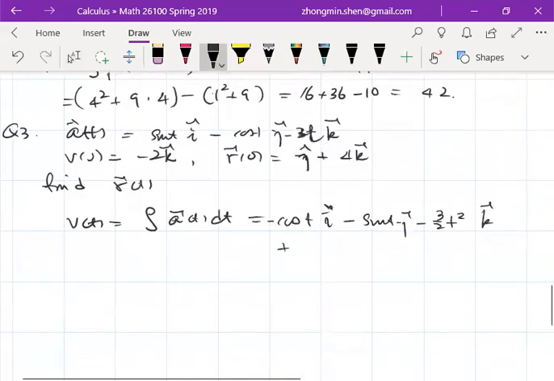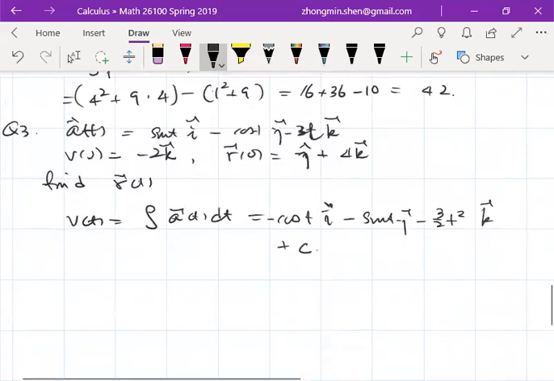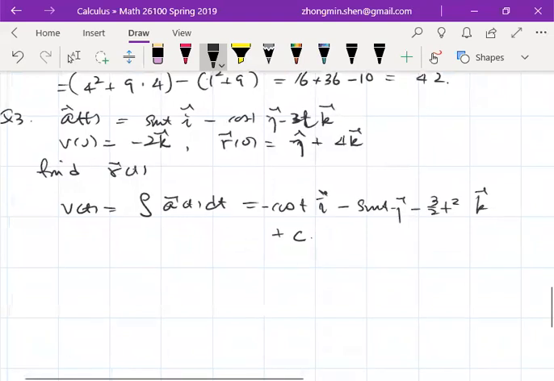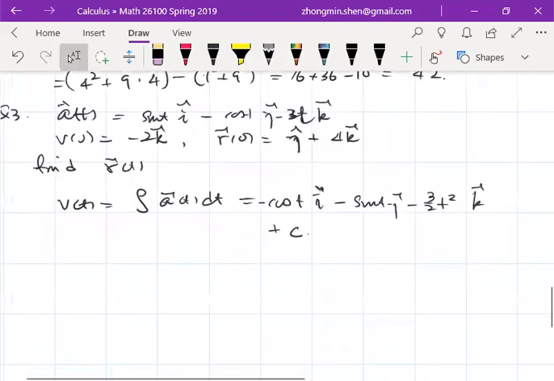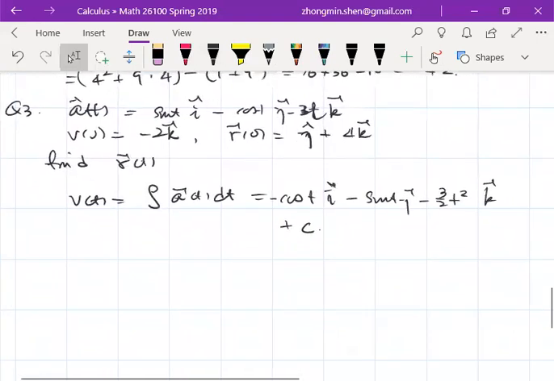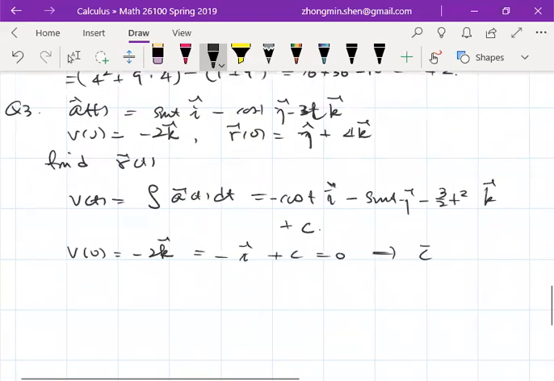Plus a constant. We need to determine the constant. I know that when t equals 0, you get negative 2k. And when this is negative i, plus c equals 0, so that c is going to be i.